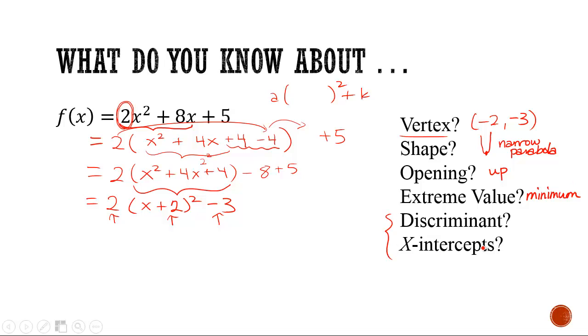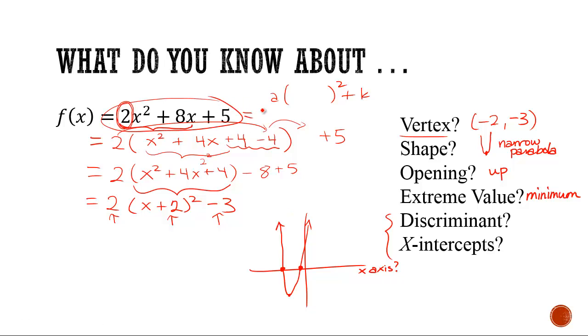Now, the other things that are being asked for here are the discriminant and the x-intercepts. So if we just sketch this out, it probably looks something like negative 2, negative 3, opening up, quite narrow, possibly like this. But there's one more thing that we don't really know, which is where does it cross the x-axis? Meaning, when does this answer equal 0?